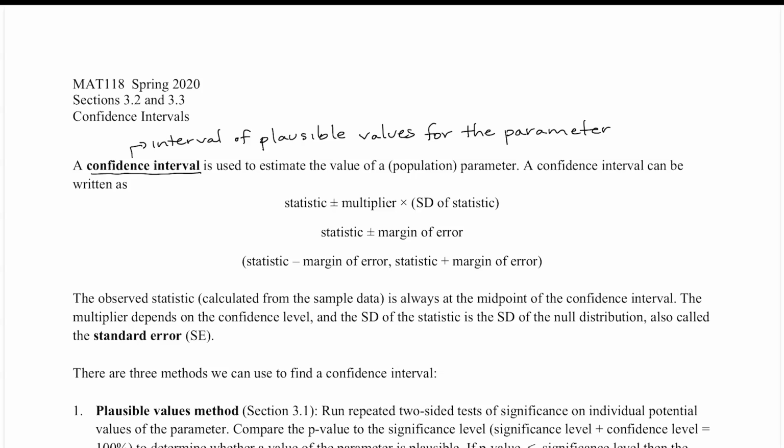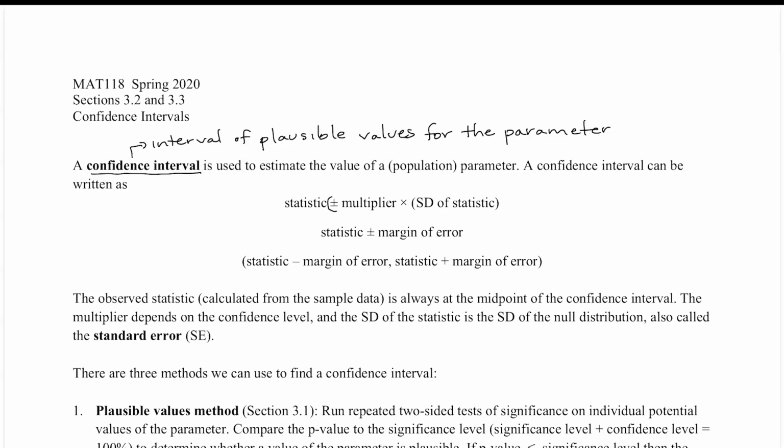Now there's a few different ways we can write a confidence interval, and we've written a couple of them so far. They've been in parentheses, separated by a comma, the left and right endpoints, so it looks like an ordered pair, but it's not. It's an interval of values.